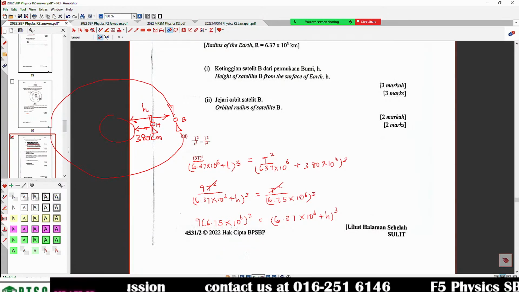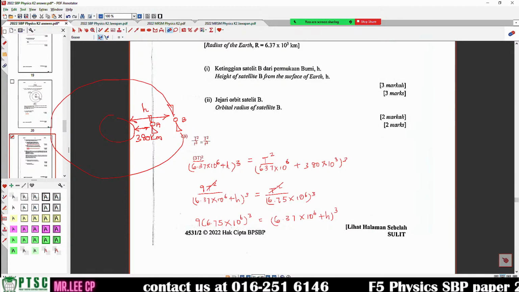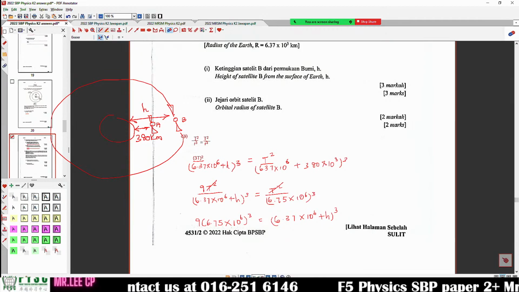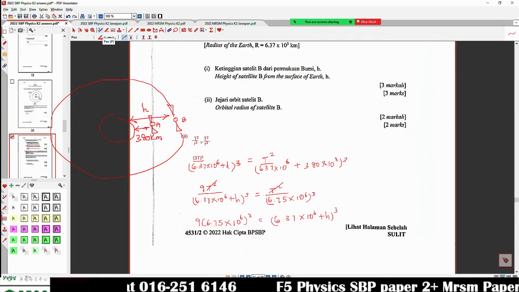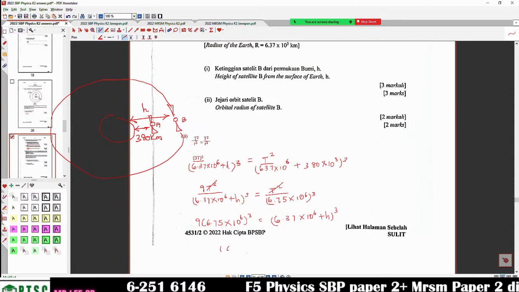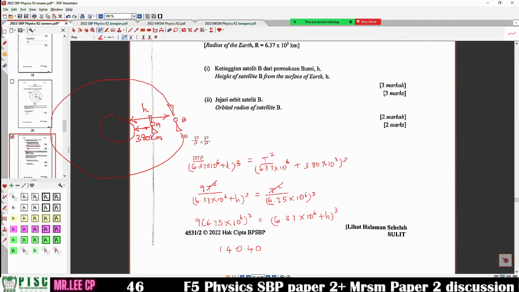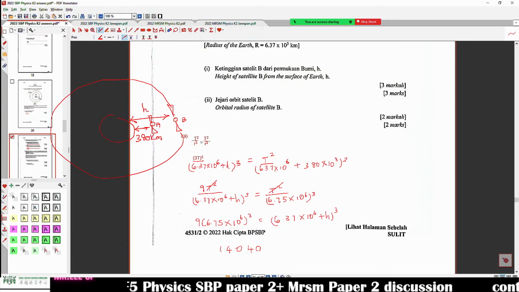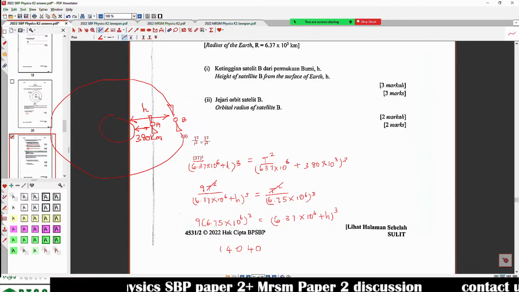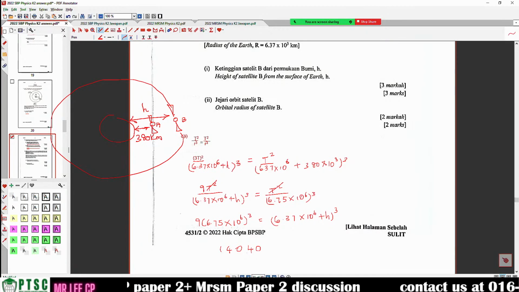If I cube root both sides, I'll get the value of 1.4 times 10 to the 7.